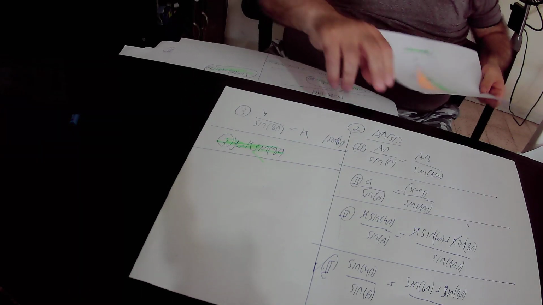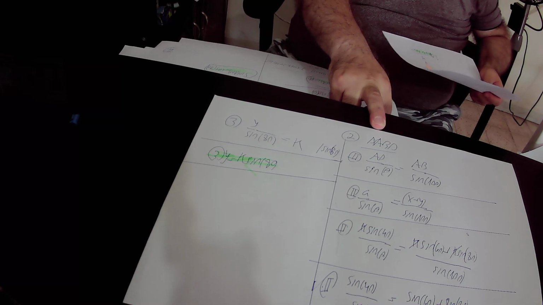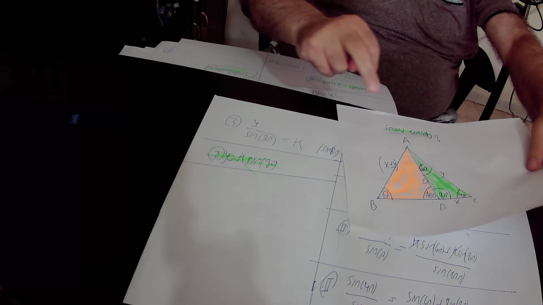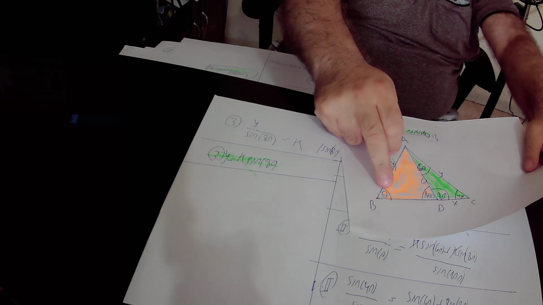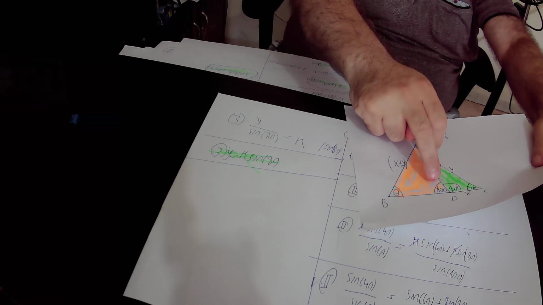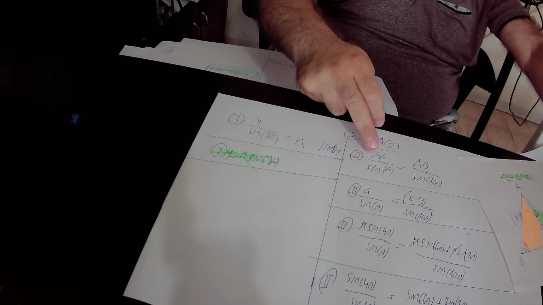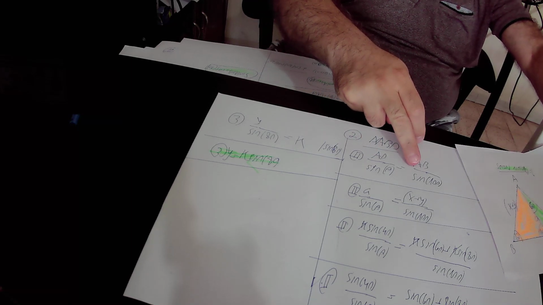Here triangle ABD is here, and I repeat again, AD over sine theta equals AB over sine 100 degrees.